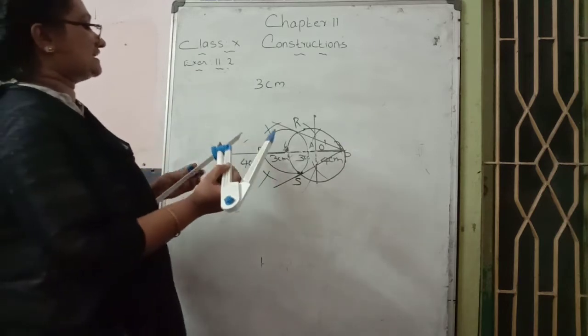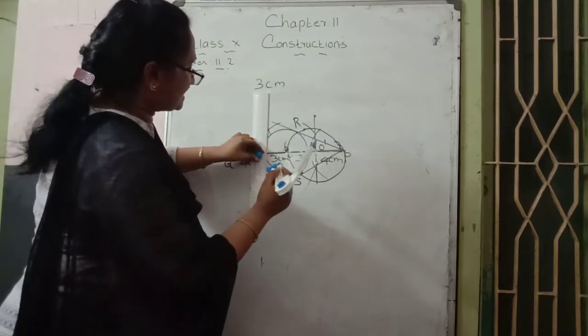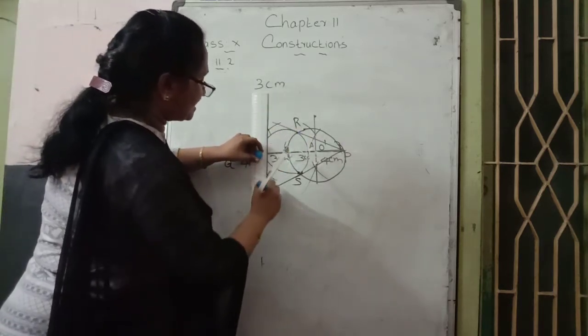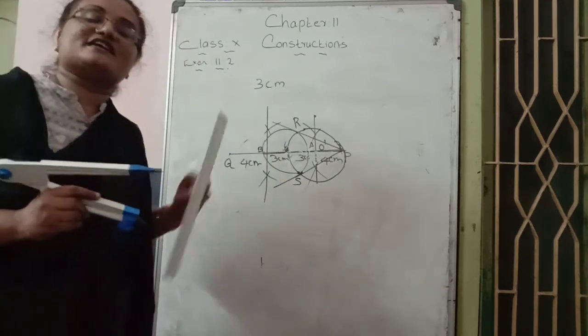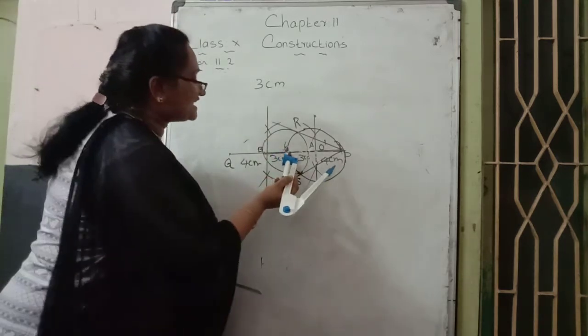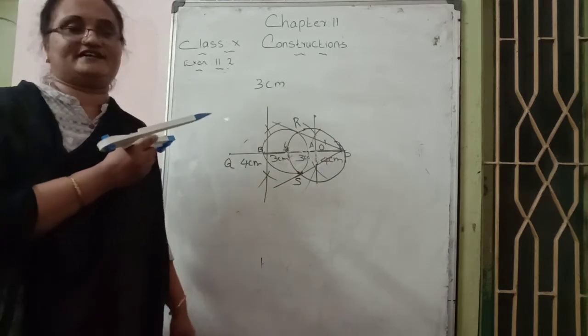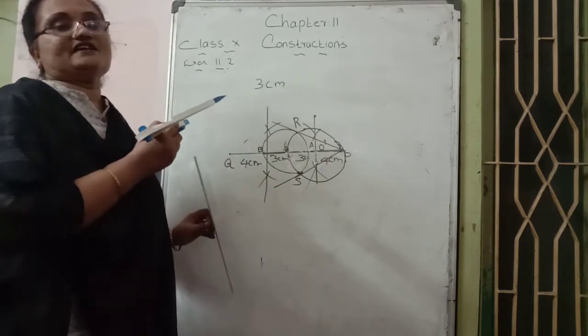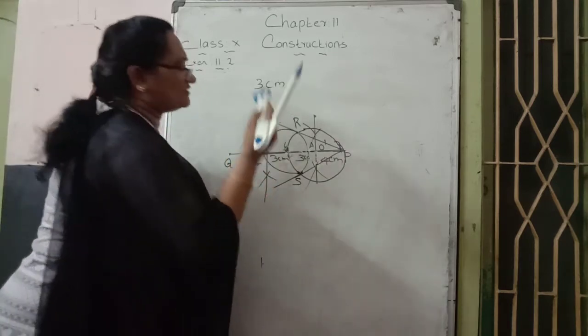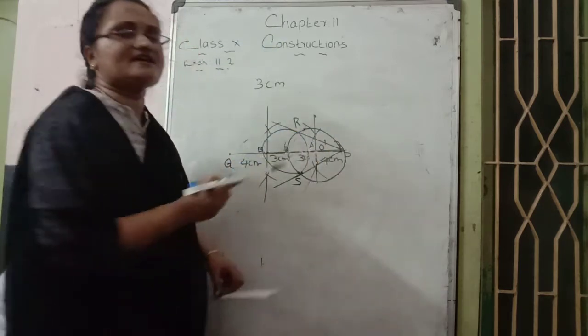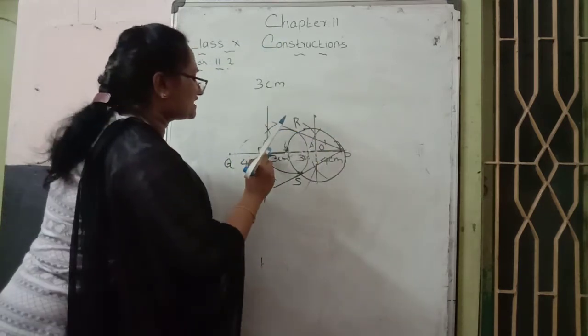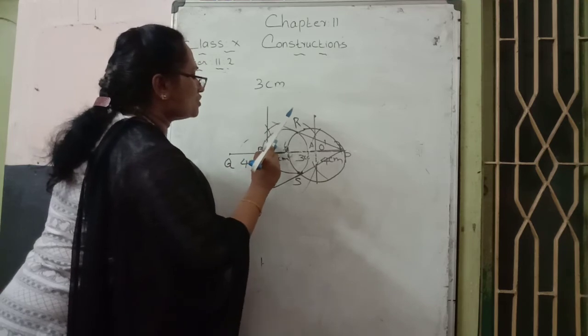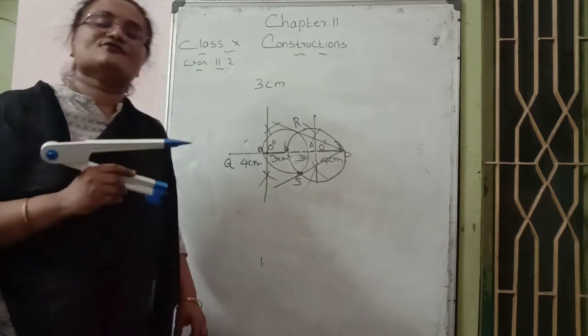These two arcs' intersecting points are joined with a straight line. Now we get a perpendicular for which side? Left side, the OQ line. Where the perpendicular meets it, you can give any alphabet. Here I mark O dash. So O double dash you can give to this intersecting point, for avoiding confusion.